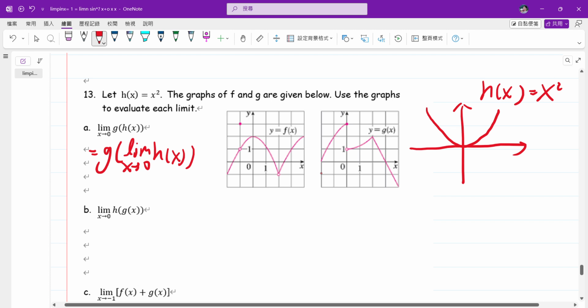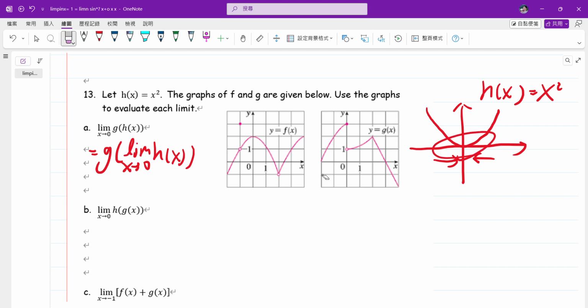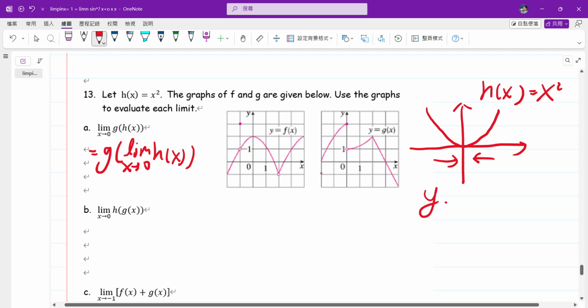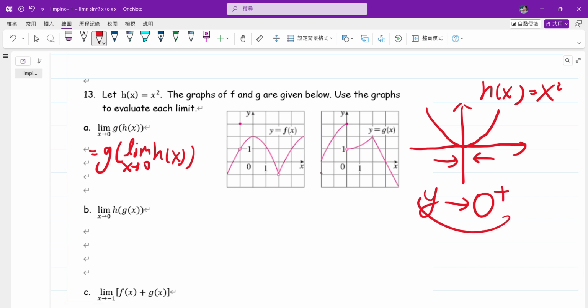You can see when x approaches 0 either from the left side or the right side, the value of y is always positive. That means when x approaches 0, the value of y will approach 0 from the positive side, from above. You will never go negative.